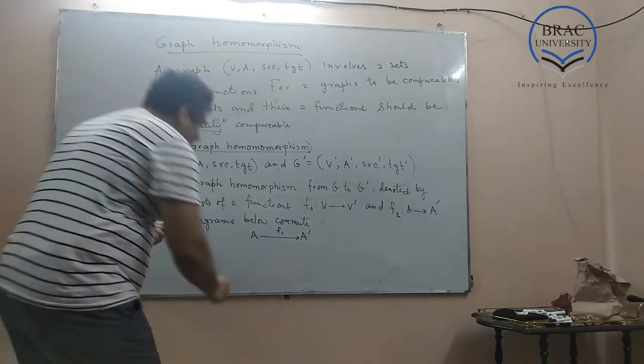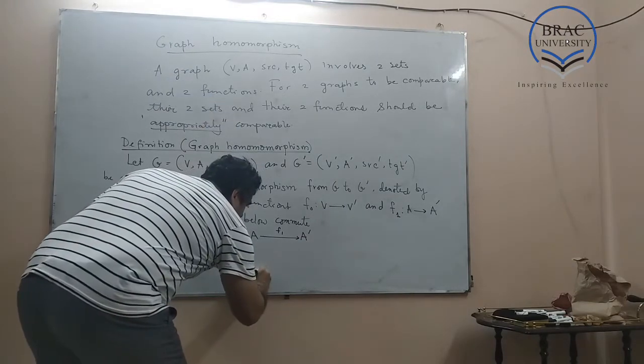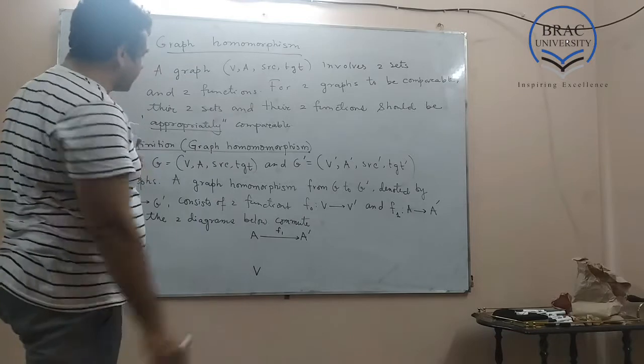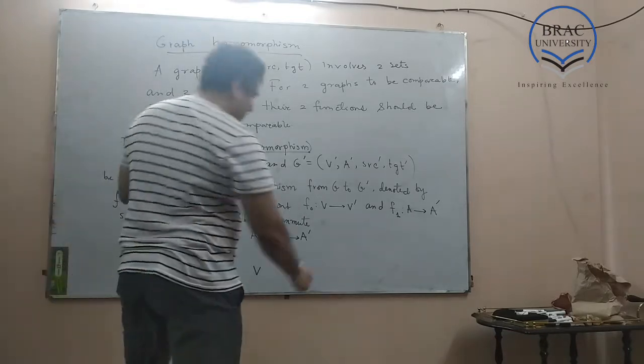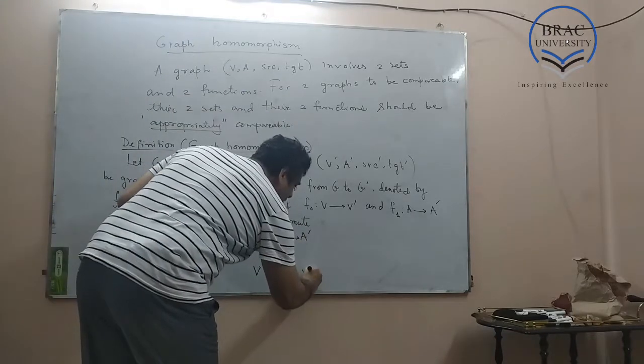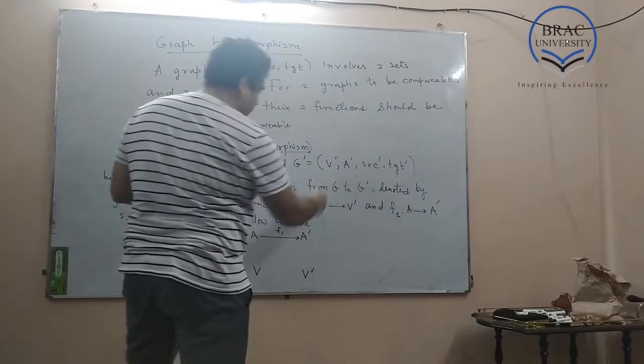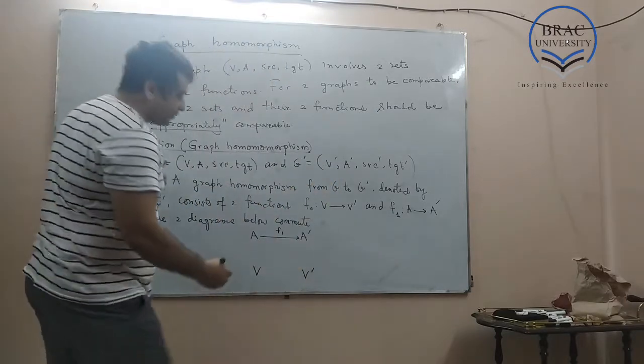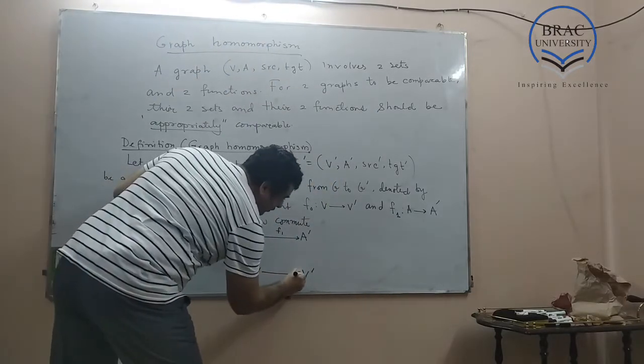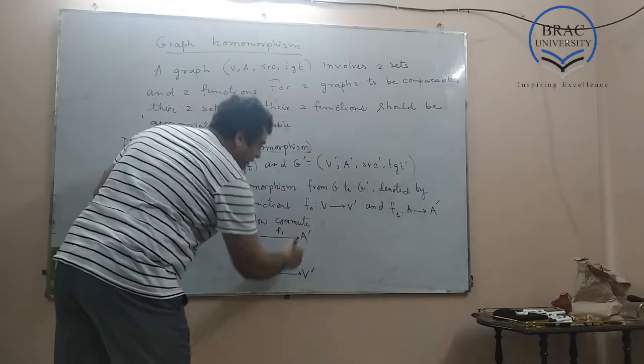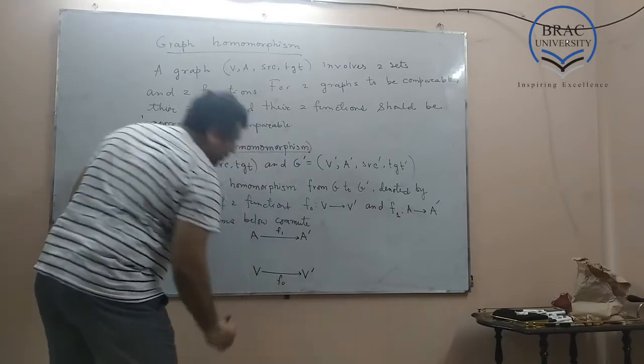And there is this set of vertices V of the graph G, and there is this set of vertices V prime of graph G prime. And we know that there is this arrow from V to V prime denoted by f0. Okay.